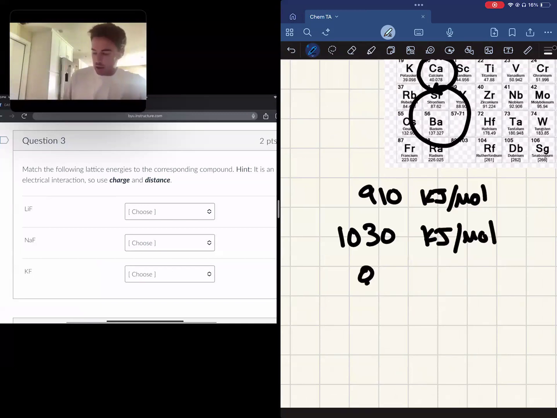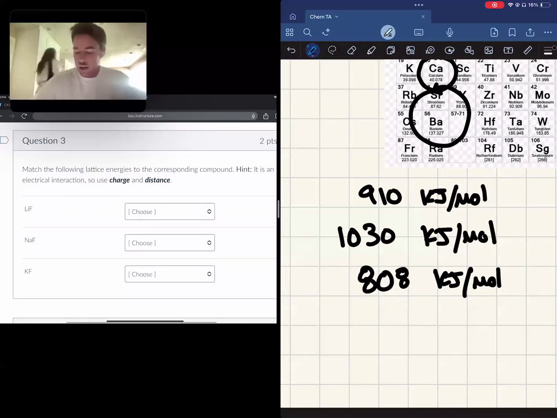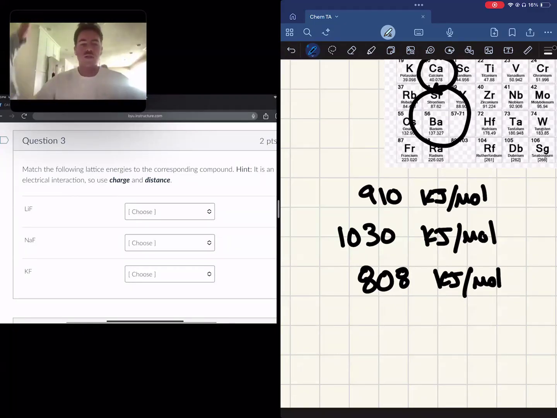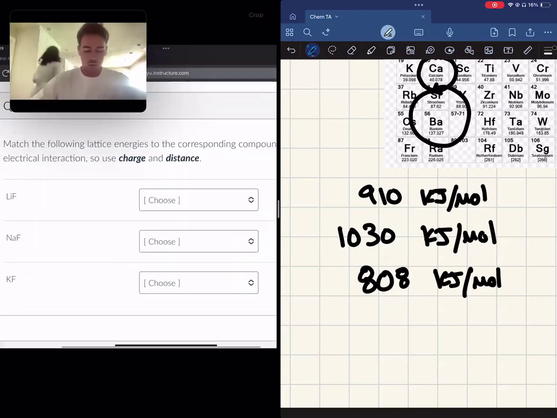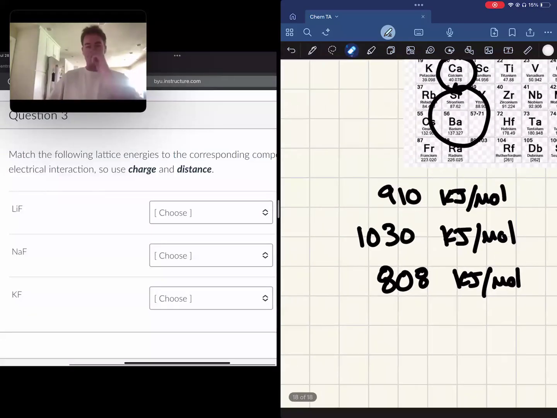And then 808 kilojoules per mole. So these are our three lattice energies. Basically, now we're just matching them, like which one goes along with which of these. Which one is lithium fluoride, which one is sodium fluoride, and which one's potassium fluoride. So figure that out, match them up really quick, and then I'll go over it.